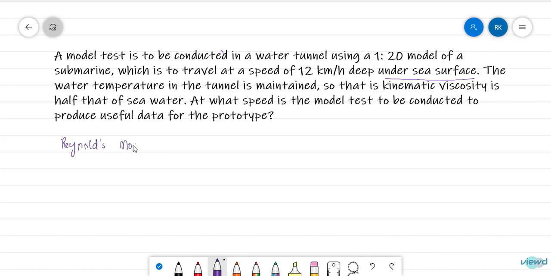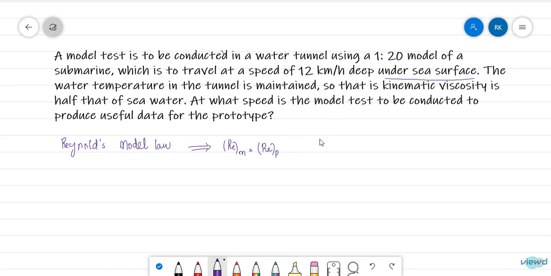So what is Reynolds model law? The Reynolds number of the model should be equated to the Reynolds number of the prototype, so that we can find the speed of the model test.